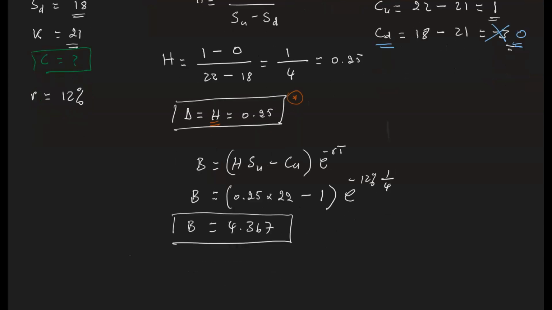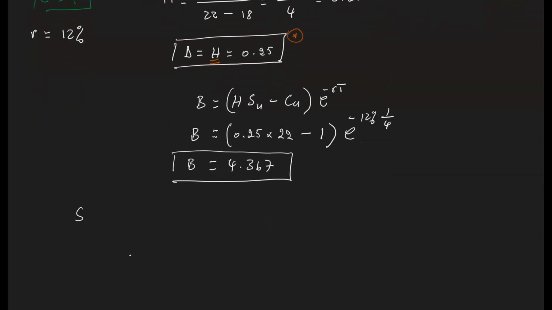So what is our stock price? Our call price, I should say, is equal to H S0 minus B, which is equal to H is 0.25, S0 is 20, minus B, which is 4.367.